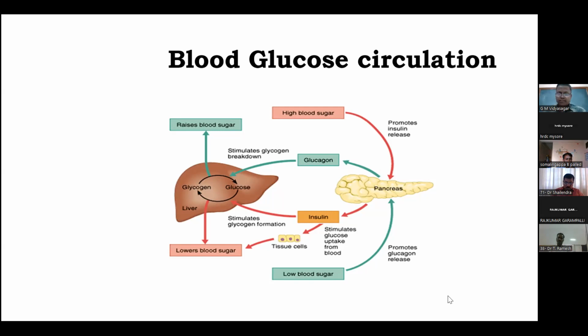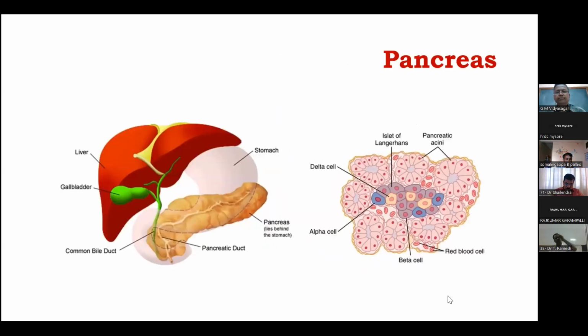This way the glucose circulates in the blood and tissues of different organs and maintains the glucose level in the blood. So we have the pancreas here.